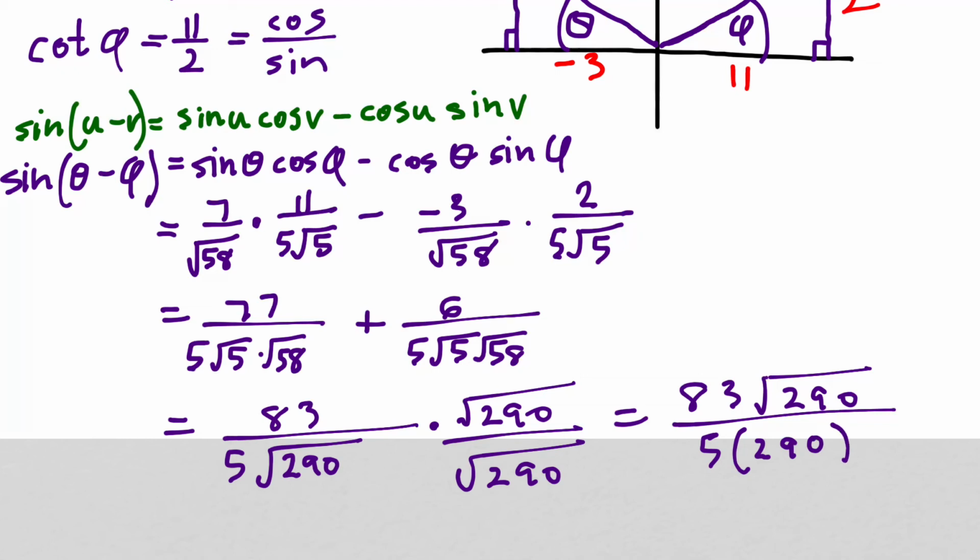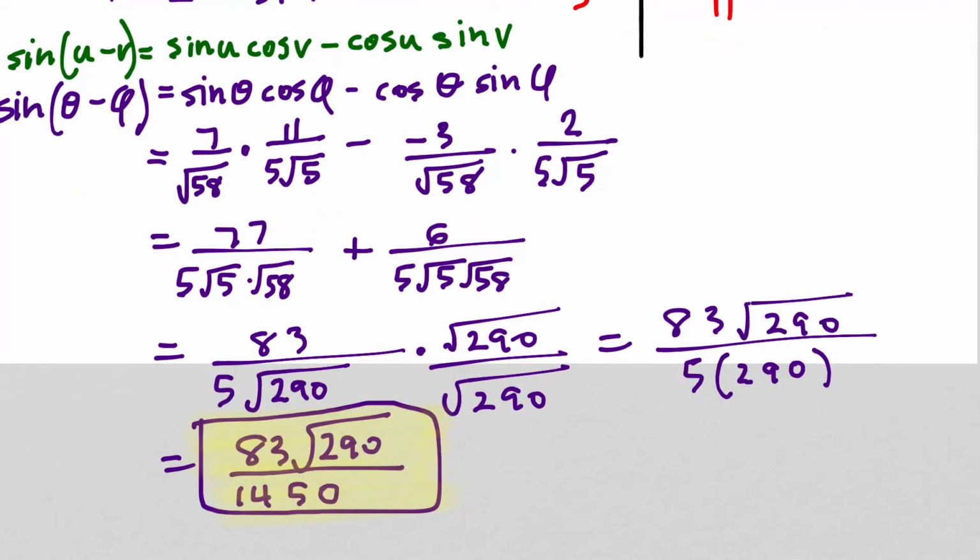So you want to see whether you can reduce 83 divided by 5 times 290, but that doesn't look like it's going to reduce. 83 is a prime number, and 290 is 29 times 5 times 2, so nothing's going to cancel out here. So we're just going to have to leave it with those crazy numbers. So I typed it into my calculator, 5 times 290, so that gave me 1450. So this right here is the sine of theta minus phi.